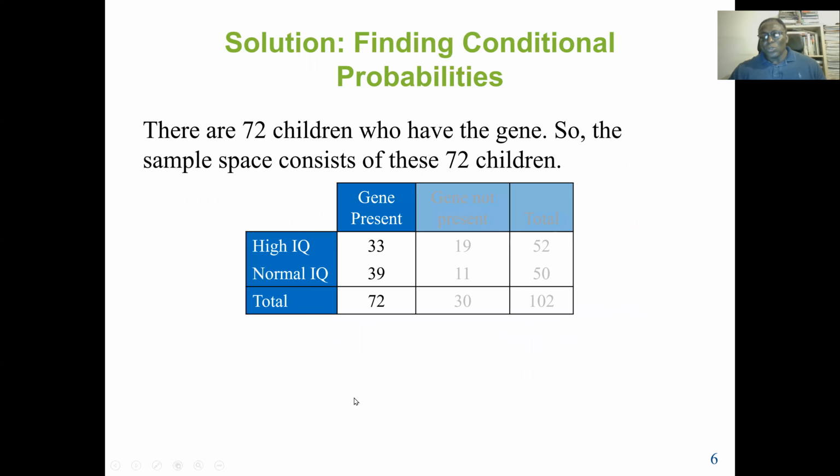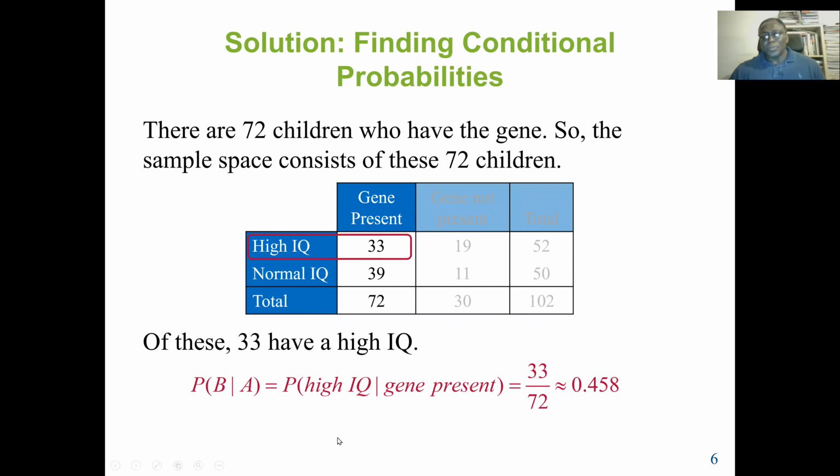So let's see the solution. Again, we get 33 divided by 72. Not divided by 102, because 102 is the total children, both with gene present and gene not present. But 72 is the total children with the gene present, and that was the condition given to us.